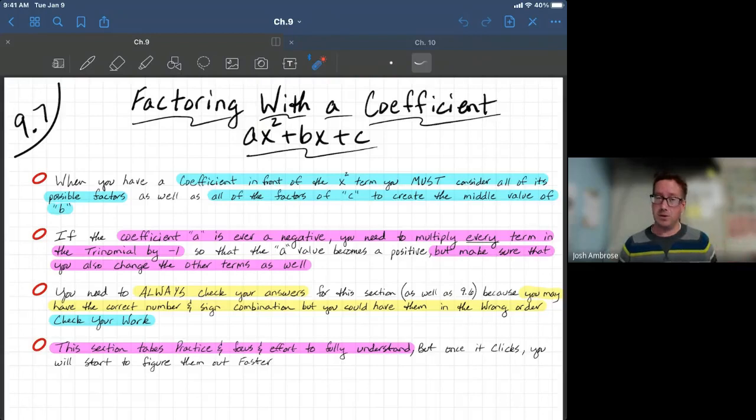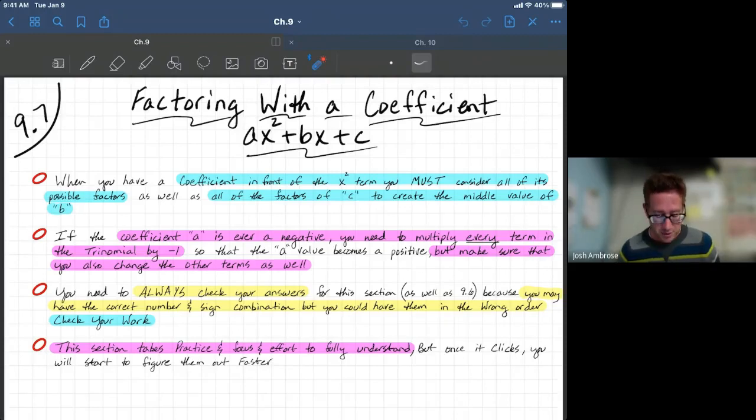But now you still have to pay close attention to c. You now have to take that a coefficient into consideration, and then how do those together create the b value in the middle? In other words, the coefficient of just x, otherwise known as the second term.